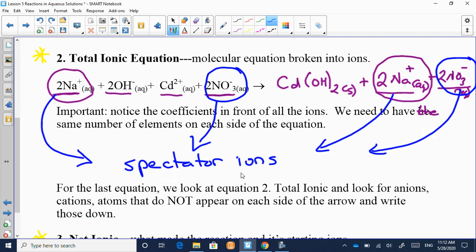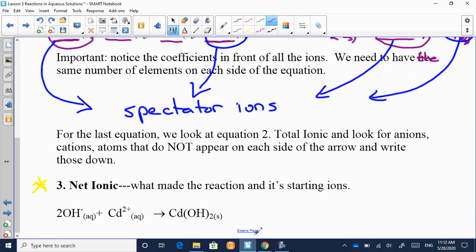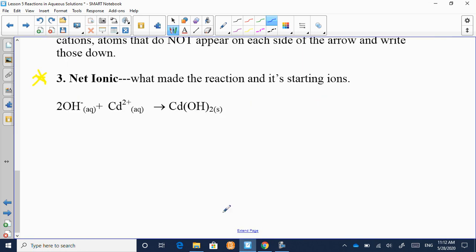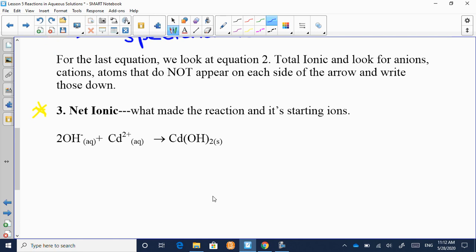Okay? And so notice the only thing that changes now in the net ionic is that we eliminate the spectator ions. I'm just going to write it: eliminate the spectator ions.